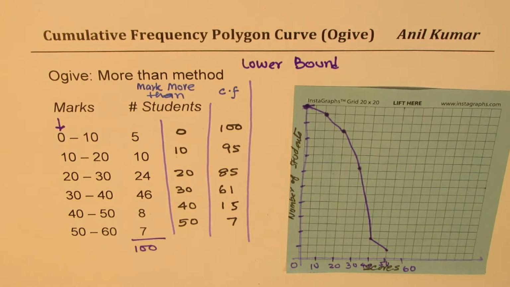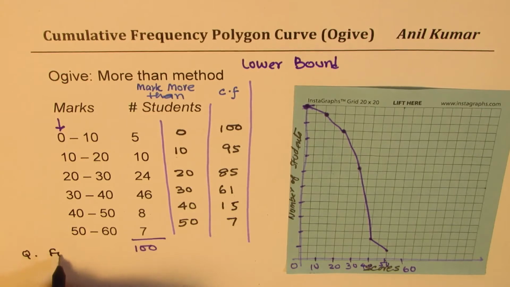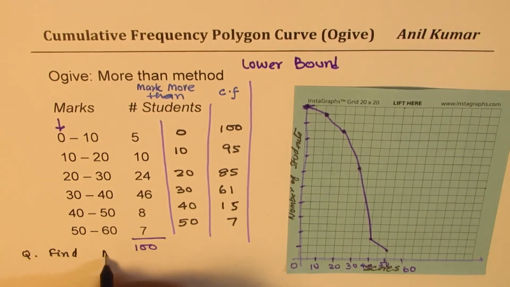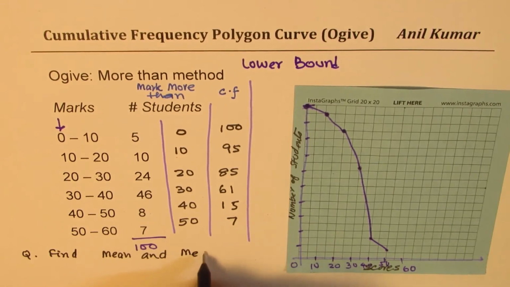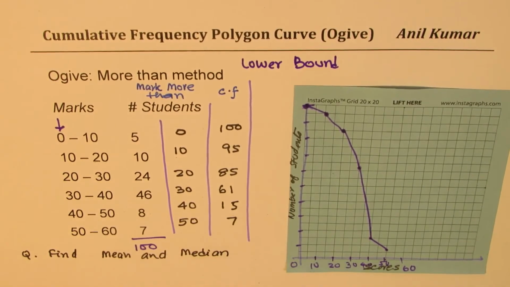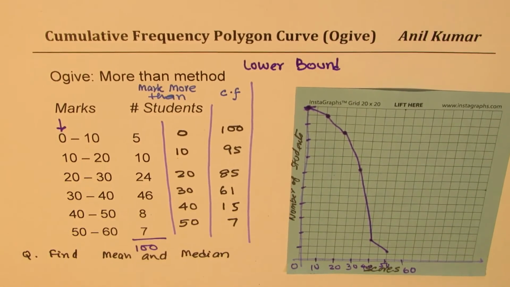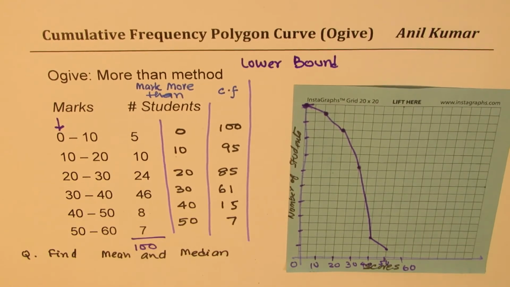Perfect. Now these graphs can be utilized to find mean and median. So the question for you now is to find mean and median, basically the average value from the graph, right?